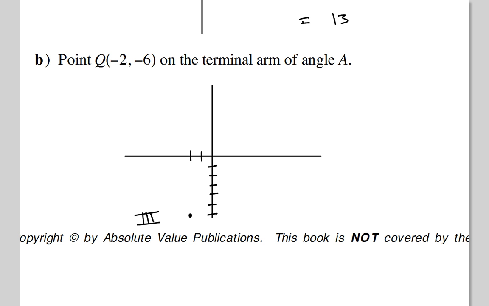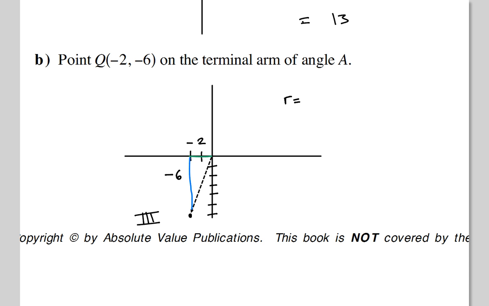So there we are. And we draw in our radius. And the radius will have two components, an x and a y. The x is 2 to the left and 6 down for the y.